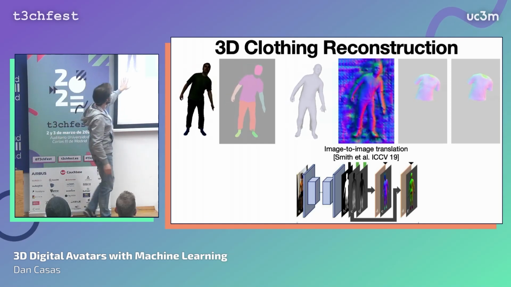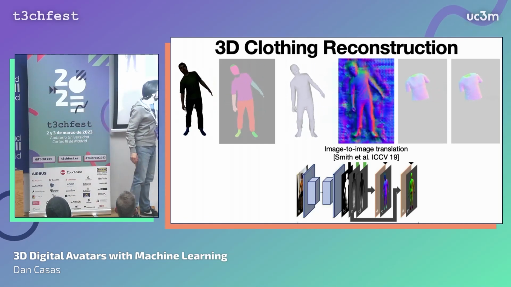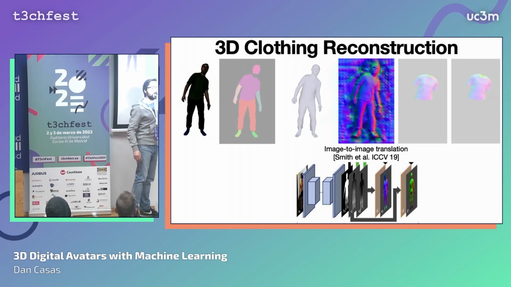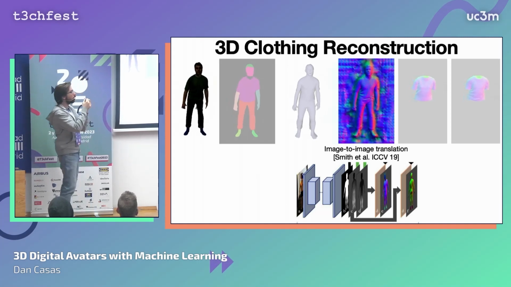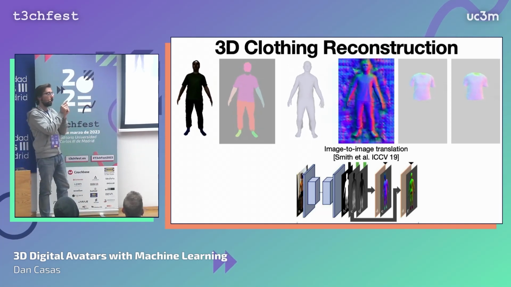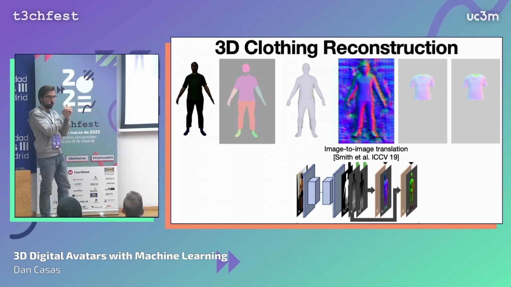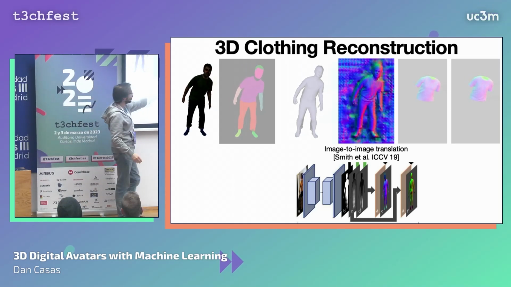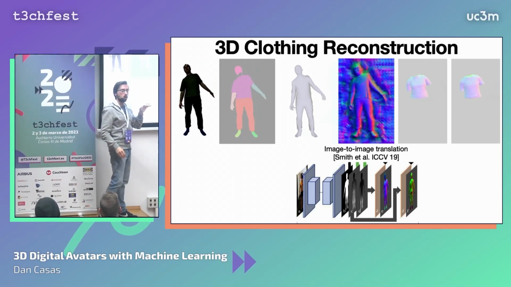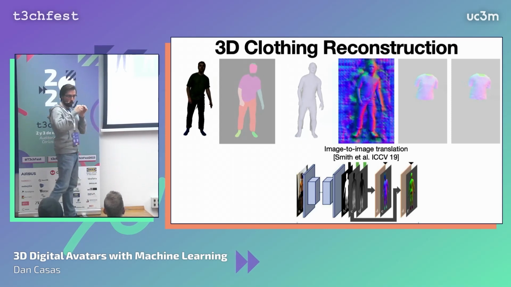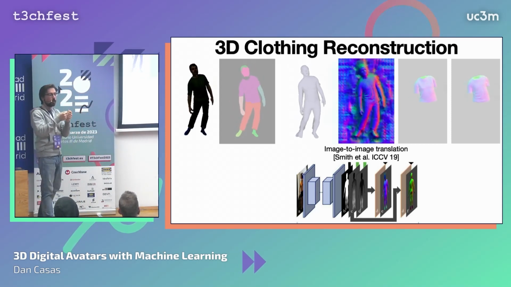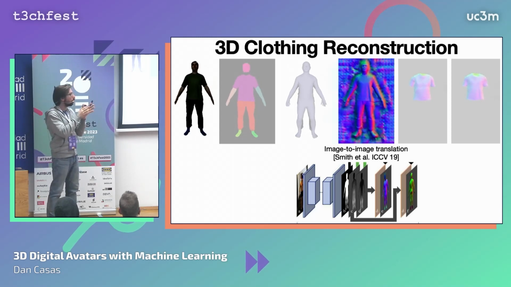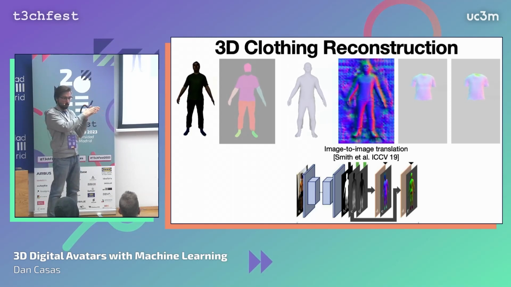So basically, given an image, you still get an image. So this is not 3D. What you see here is not 3D. It's just a color per pixel that is colored as a function of the normal vector of this pixel, right? What this means is that it gives more or less an orientation of what's going on in the image. But again, there is no 3D. It's a 2D image where each pixel has a color, and this color has information about the surface of the pixel, but there is no 3D.